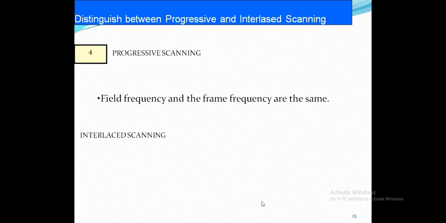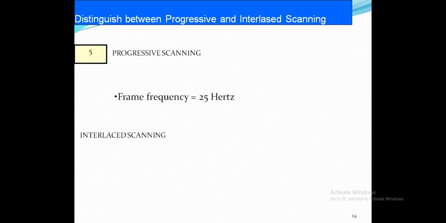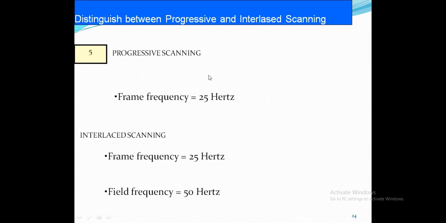Next, coming to progressive, the field frequency and the frame frequency are the same. Coming to interlaced, the field frequency is double the frame frequency, because here we are dividing a frame into two fields. Next, the frame frequency in progressive scanning is 25 Hz.